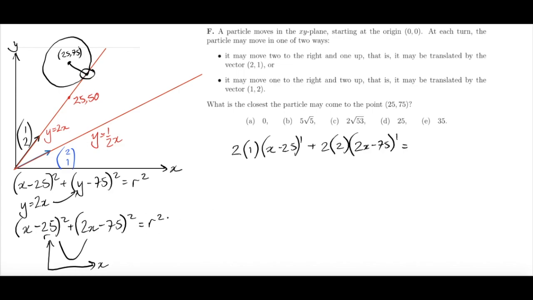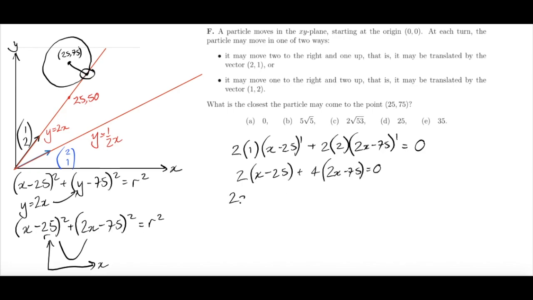And on the right hand side you'll notice there are no x values, so this just becomes 0. Which obviously helps us out because we'd want to set this to 0 anyway to find the minimum. So 2(x minus 25) plus 4(2x minus 75) equals 0.